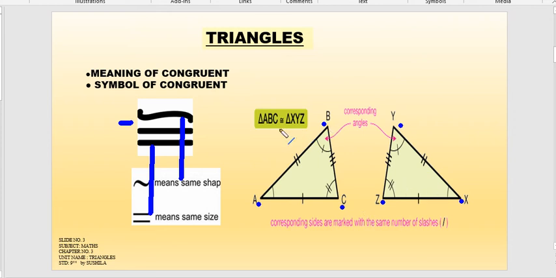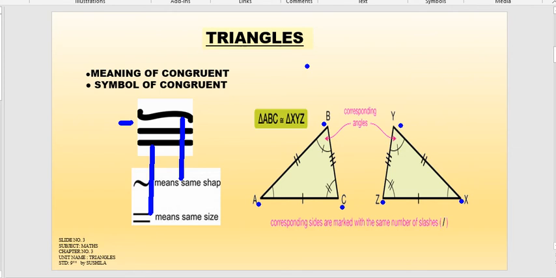So triangle ABC is congruent to triangle XYZ. There is a proper meaning of this symbol, and you should be able to analyze it properly and be clear on the terms congruent and similarity. There is a difference between similarity and congruence, right? Here the triangles are congruent, so we are using this symbol. Throughout the whole chapter we'll use the term congruent only.